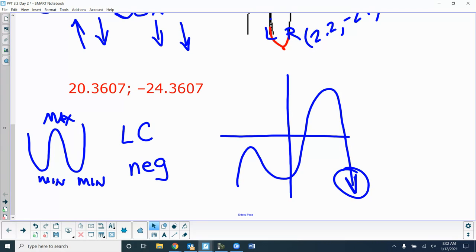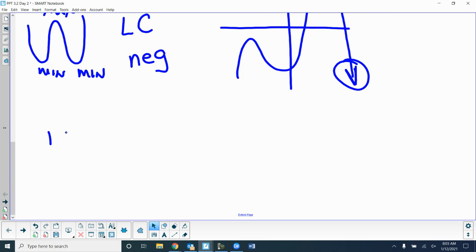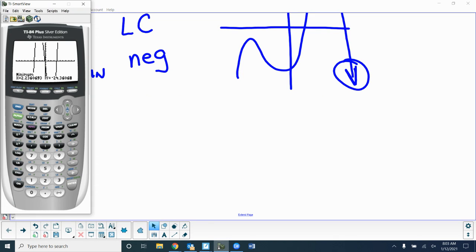Okay, that's number 16. Number 18, it says find the real zeros by factoring. And the number in the parentheses to the right of each indicates the number of real zeros of a given polynomial. So you could factor it, but I showed you, let's look at 18 just to show you what you could do. Put it in your calculator, find the zeros, and then write x minus in front of all those.